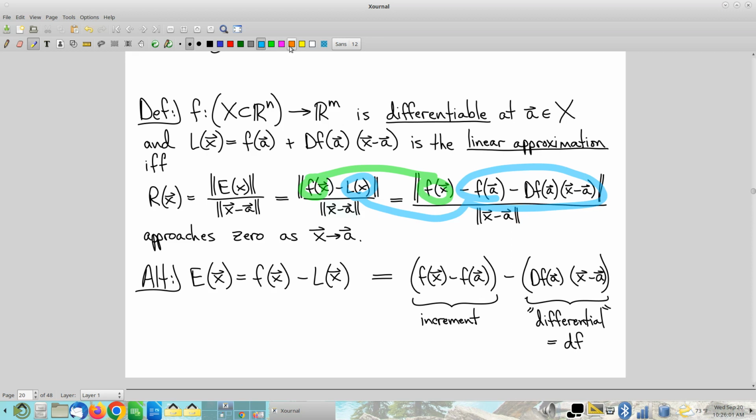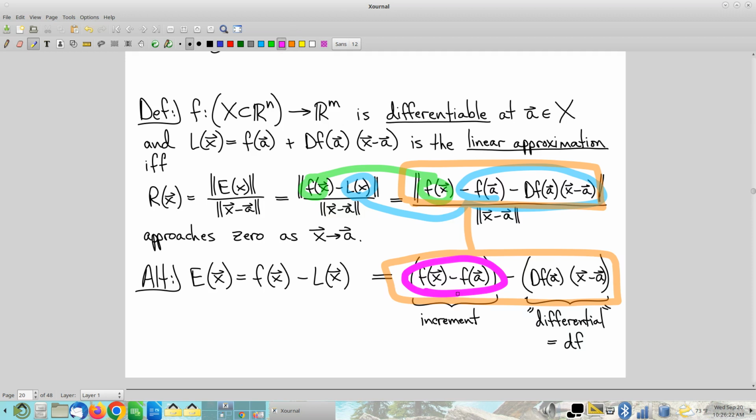But I do like to point out that there is a different way to group these terms together. You can take this exact same numerator and group it instead as, I wanted to change the color there, how much did the function actually change, which we call the increment, minus how much did we estimate the function changed, otherwise known as the differential.